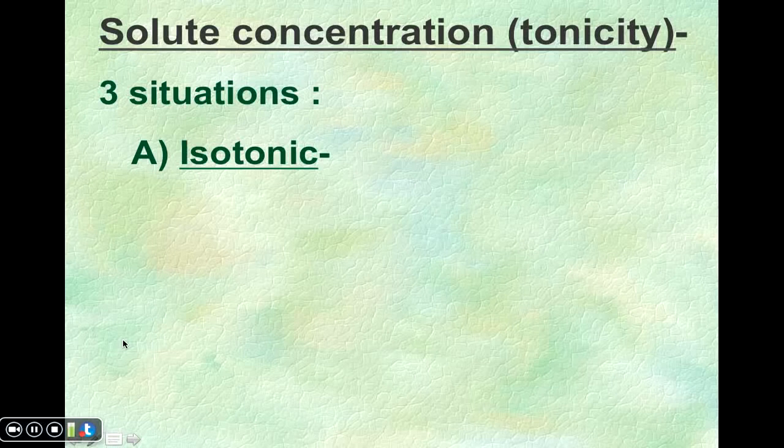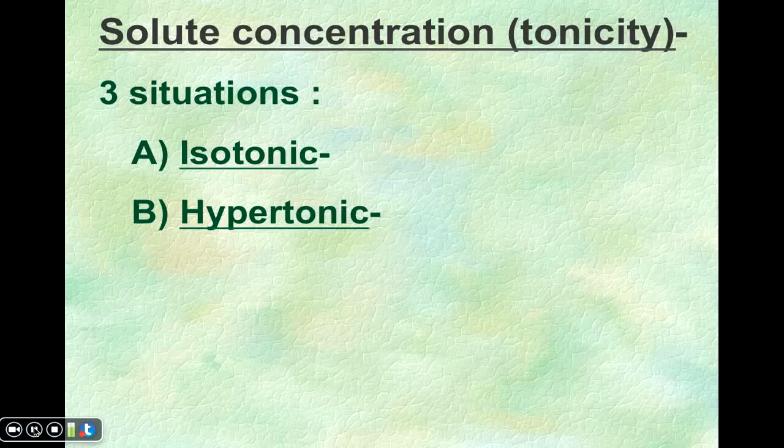First of all, we often have a situation where the concentration of solutes inside a cell is the same as the concentration of solutes outside the cell. We say this is an isotonic situation, right? Notice that we always have to have two reference points in question, at least two, perhaps more. But in this case, we're talking about inside a cell versus its surrounding environment. So the concentration of solutes, if they're the same in both places, we say that's an isotonic situation.